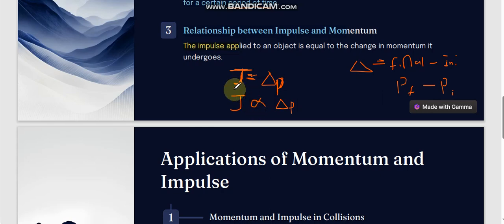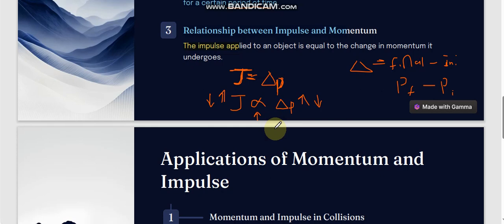If the change in momentum decreases, the impulse also decreases, and the other way around. That is what this notation of directly proportional means.